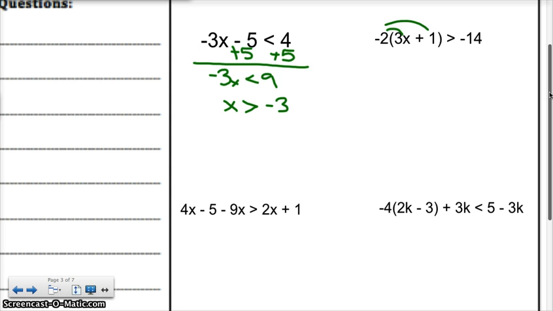Next one, distribute your negative. So negative 2 times 3 is negative 6. The plus comes down. Negative 2 times 1 is negative 2. When I plus a negative, the inverse would be to subtract a negative. When I subtract a negative, I'm really adding.